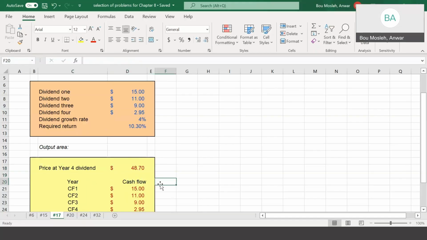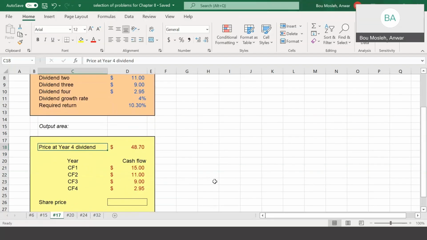The book solution, I think, shouldn't say after. It's the price of the dividends that come after year 4, but the price is at year 4. So that's the proper label that we should use. Again, 48.7 is the value.